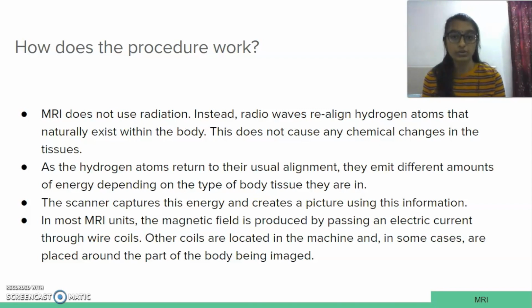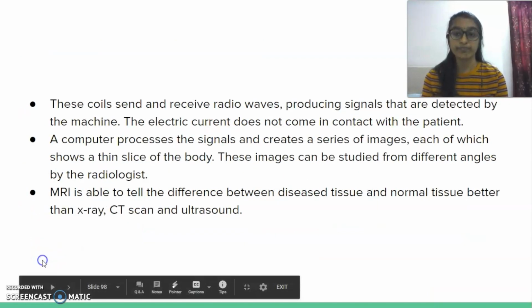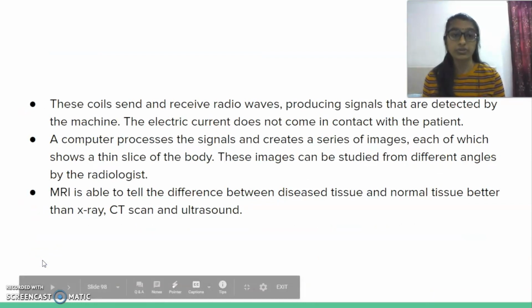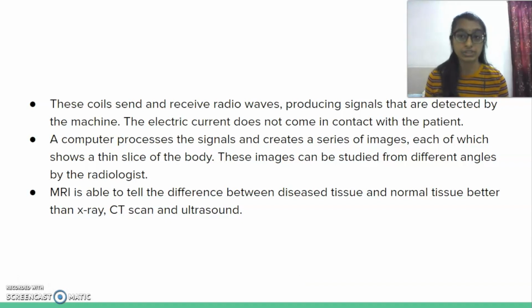In most MRI units, the magnetic field is produced by passing electric current through the wires. Other coils are located in the machine and in some cases are placed around the parts of the body being imaged. These coils send and receive radio waves, producing signals that are detected by a machine.